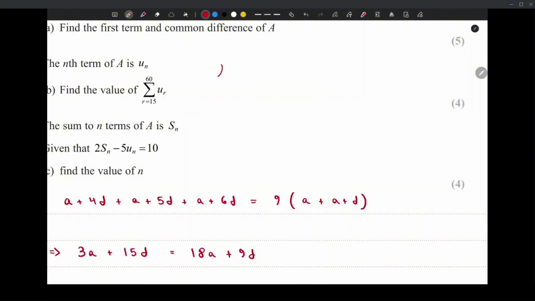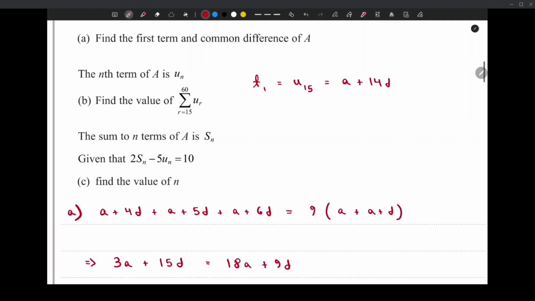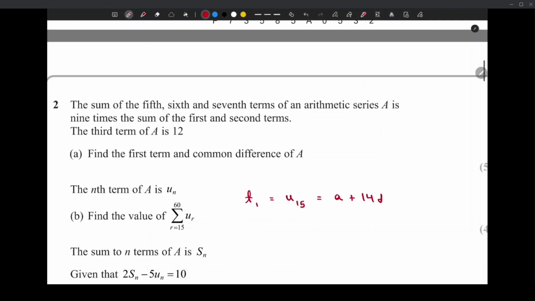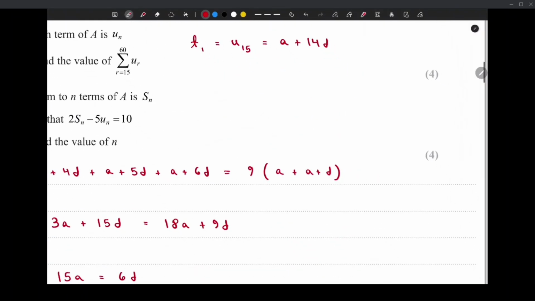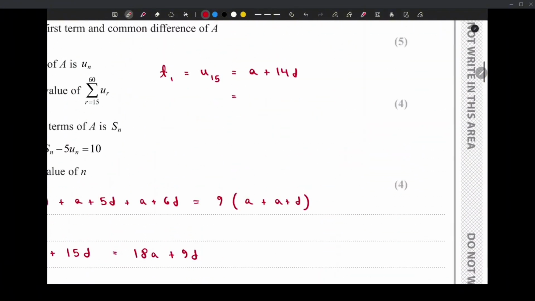So we can say that t1 equals u15, and u15 is basically a plus 14d, since un is the nth term of series a. And we know the value of a, which is 2, and we also know the value of d, which is 5. So the value of the first term of this series will be 72.